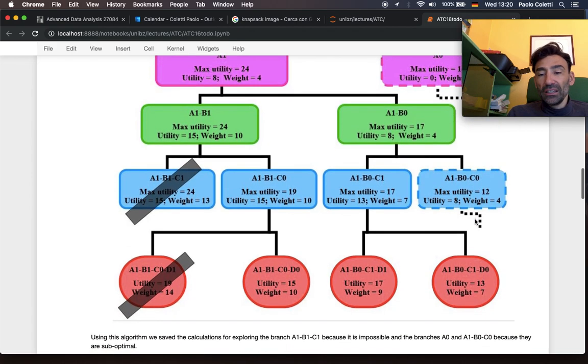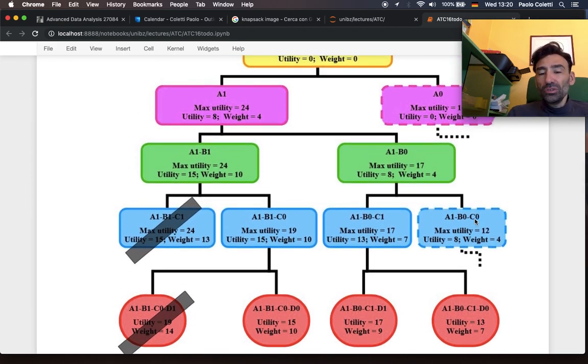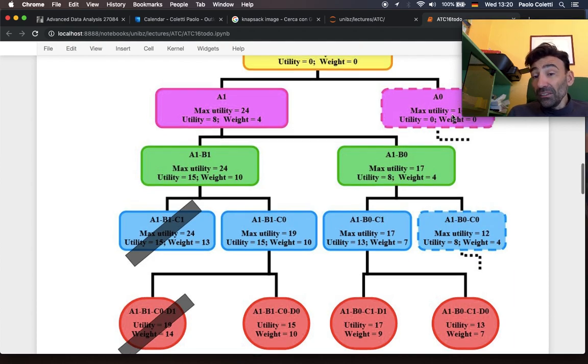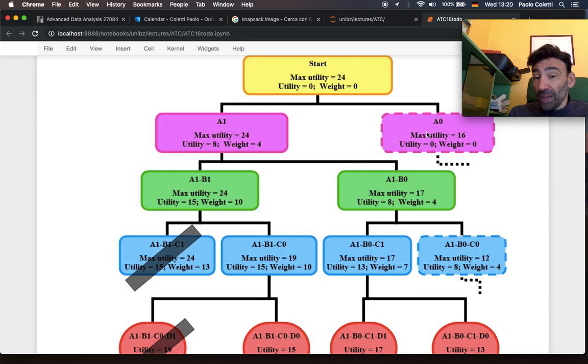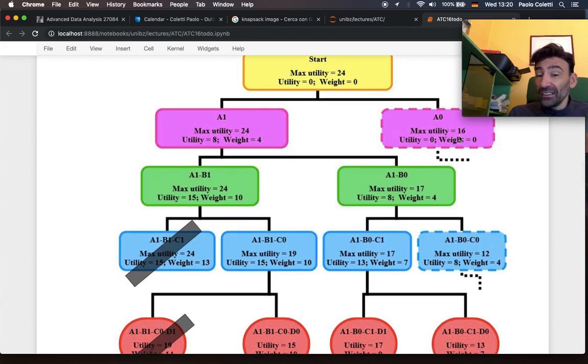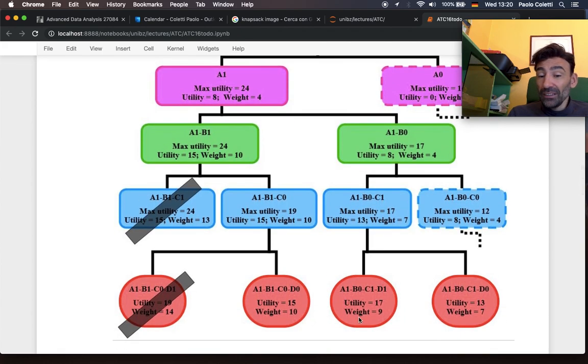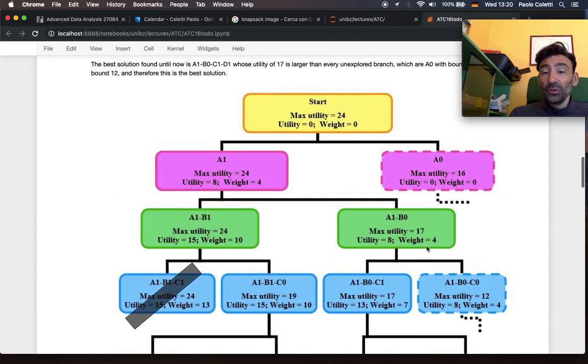Which one do we take? Well, I imagine that if you had done this examination without writing all the numbers, probably at this point you would examine the situation. But if you write all the numbers, in particular the maximum utility, it's clear that this is 16, and here you have 17, this leaf. You are sure that it will be always larger than whatever you find here.